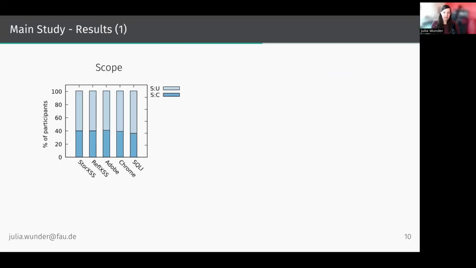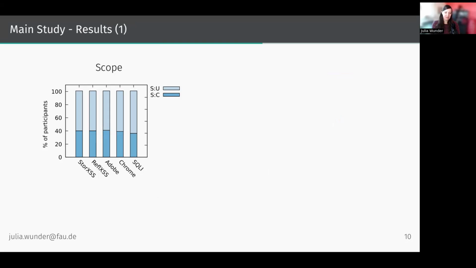So now to the results, and a short note here, I will only present some of the results to keep the talk short. The first thing I want to show is the scope metric. As I said, this metric is very difficult to understand. And this was very interesting because no matter the vulnerability, scope was always rated the same. About 60% of the participants chose scope unchanged, whereas 40% chose scope changed.